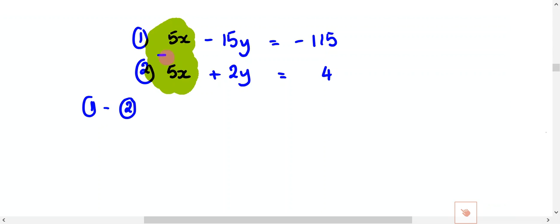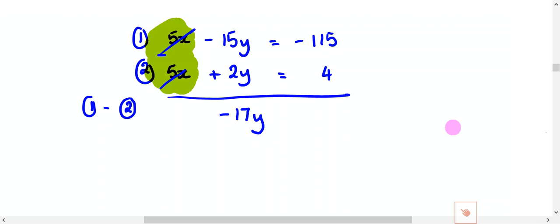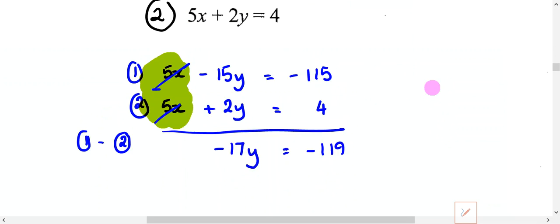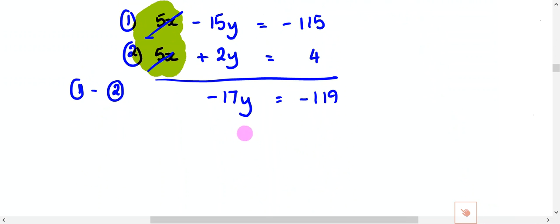1 subtract 2. So 5x's subtract 5x's, 0. Negative 15 subtract 2 gives negative 17y's. Negative 115 subtract 4 gives negative 119. We just check, that is correct. What do we do now?